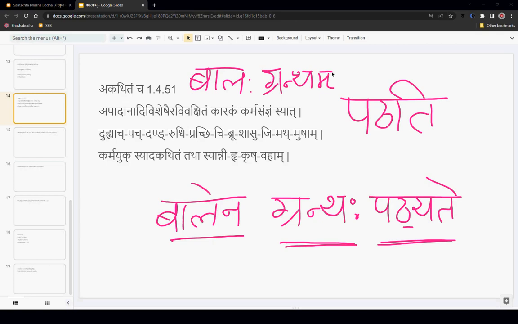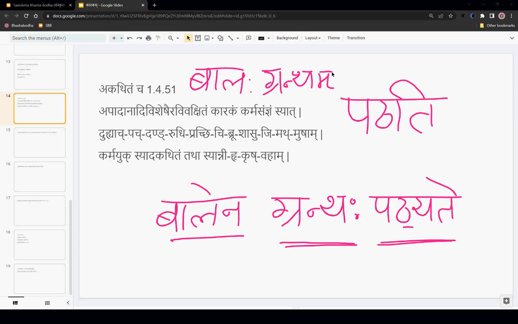But if you think of the Vyakaranam Sutra we studied before, in the Karaka topic only, what is the basis of this in the Kartari Prayoga, Balaha coming in the Prathama Vibhakti, Grantham coming in the Dvitiya, where we are applying the Dvitiya there.